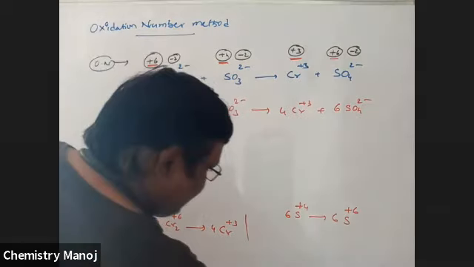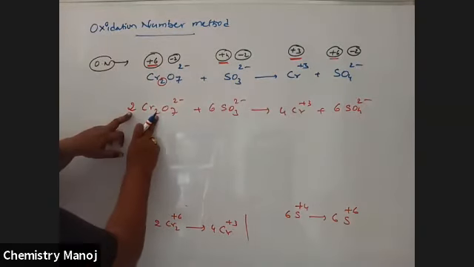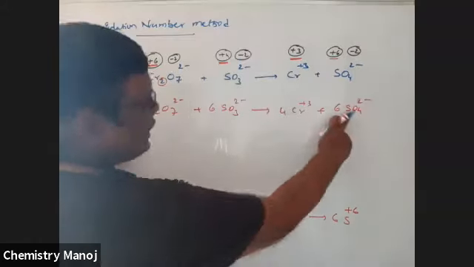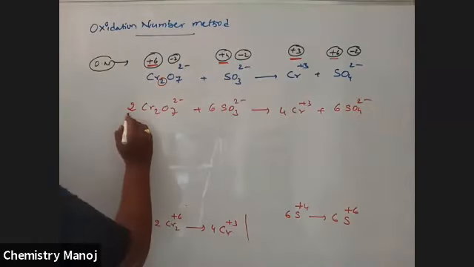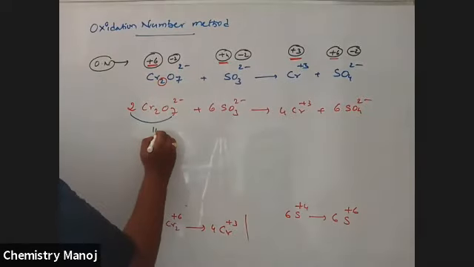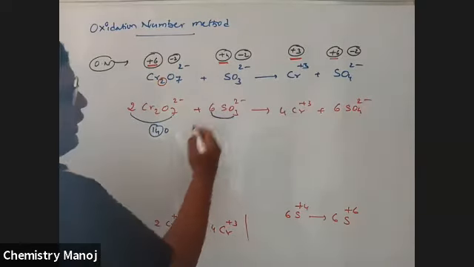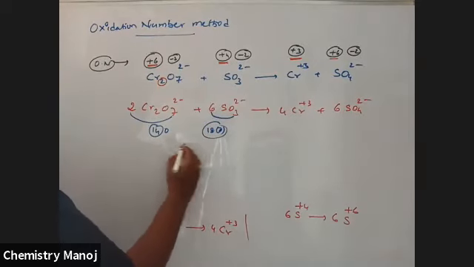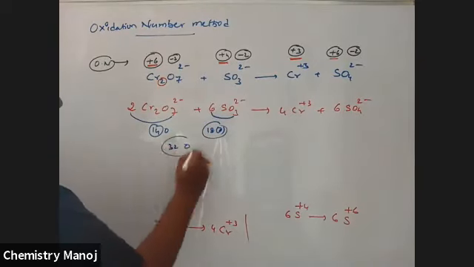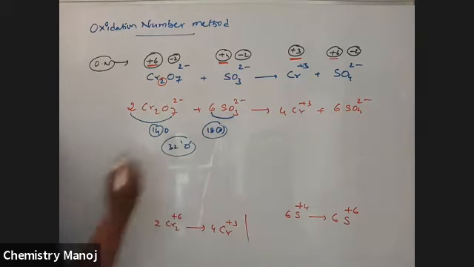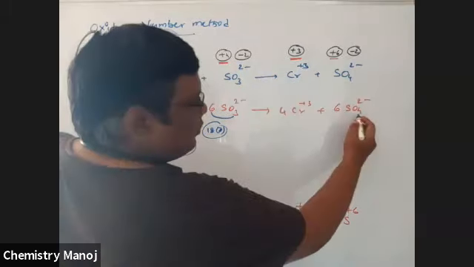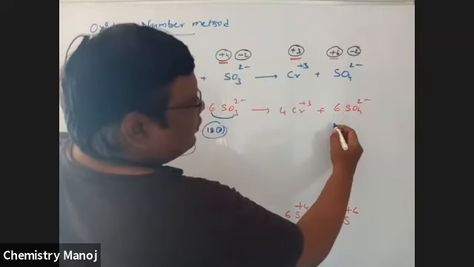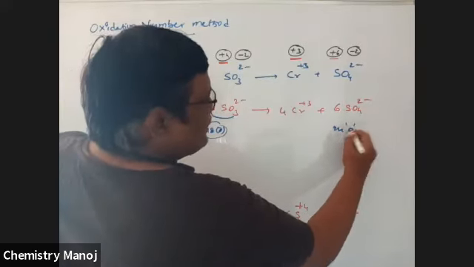So 2 chromium to 4, 4 chromium balanced. 6 sulfur balanced. Now 2 into 7, 14 oxygens here, and 18 oxygens here, so 18 plus 14 is 32 oxygens on the left side. Right side, how many? 24 oxygens.